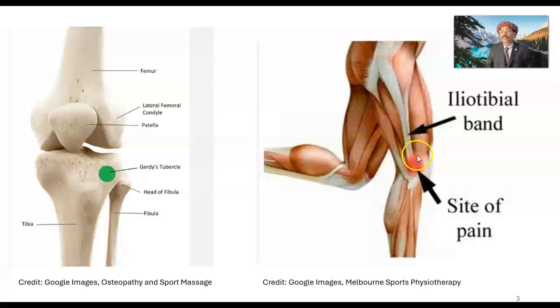And this is the Gerdy's tubercle, the site of pain. This is the Gerdy's tubercle, the site of lower insertion. The lower end of the iliotibial band is attached here in the Gerdy's tubercle.